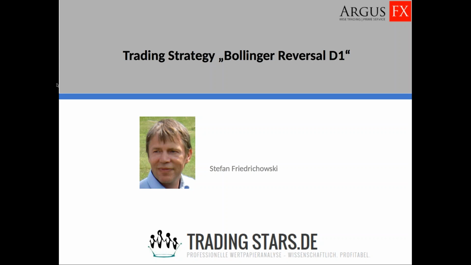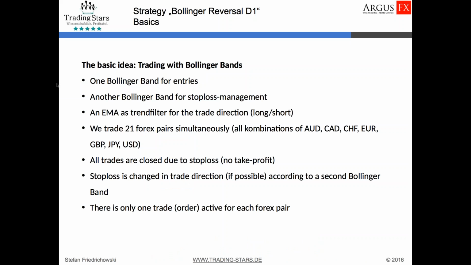So in the next couple of minutes, I would like to introduce this new strategy to you so that you can understand the basics of it and know exactly what you are following. The basics of this new strategy are Bollinger Bands. Bollinger Bands themselves are not new to the market, but if you use them properly, then you can have a quite successful strategy.